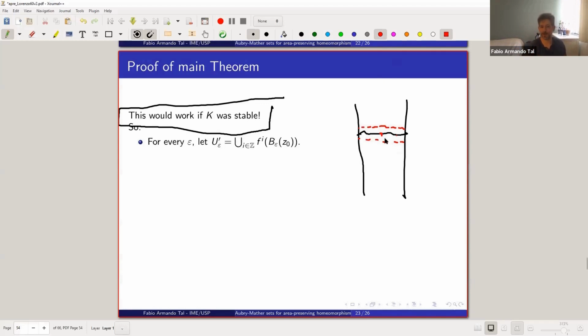The only way that I have a point here which has a rotation number far from K is if it spends time here and then it goes down, then it rotates with some strange speed here and then it comes back.